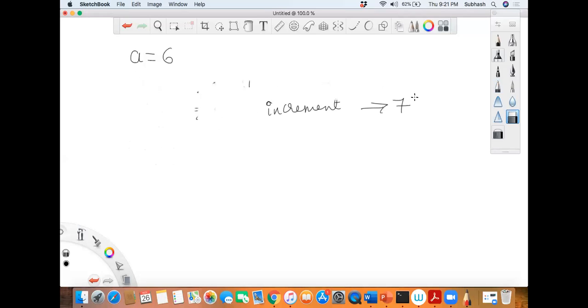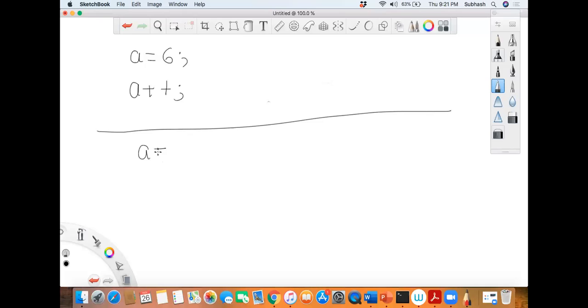Now let me explain the other part. The question is very simple. The question says A plus plus, and then I'll write one more statement: A is equal to 6, plus plus A semicolon. The question here was what is the difference between A plus plus and plus plus A?